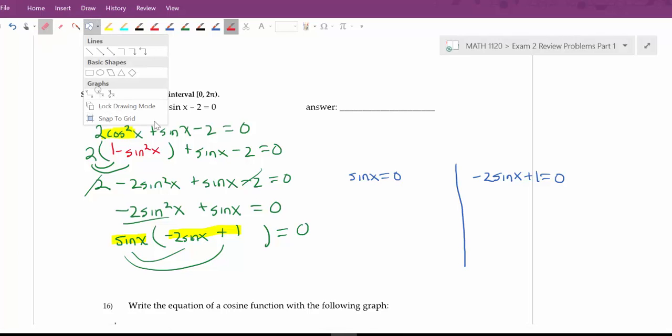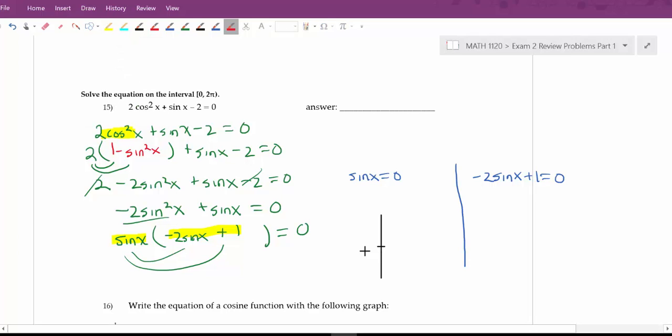Okay, so if we look at the sine of x equals 0, now we're going to solve this equation again. It says I want to solve this equation on this interval. All right, so we need to do this. Okay, so the idea is going to be, where is the y value equal to 0?